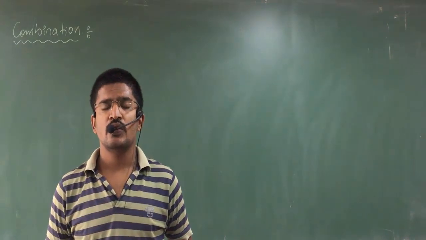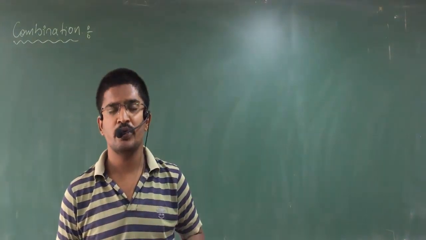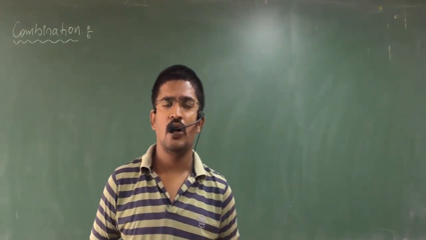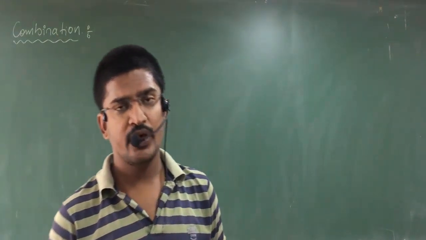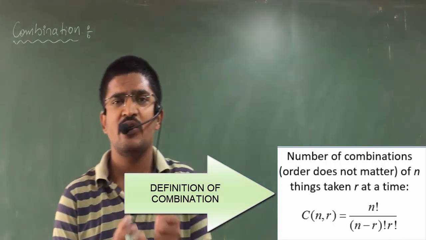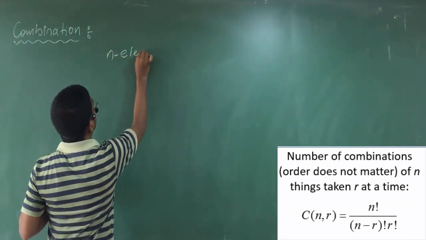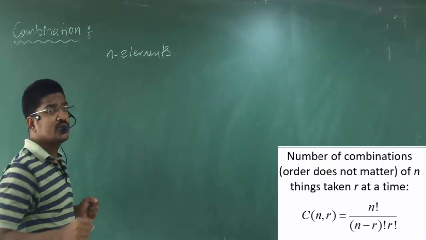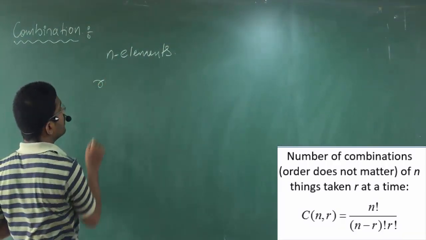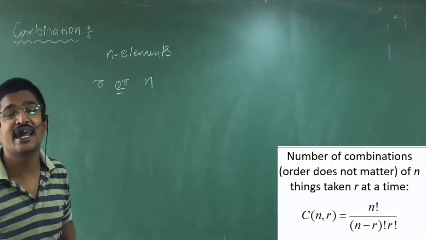Clear? So how the combination is going to be defined, and what is the difference between permutation and combination, and the coming problems will be very important on combinations. Now see here, combination means if we have n number of elements, from this n number of elements I can take R, or I can take all n elements.